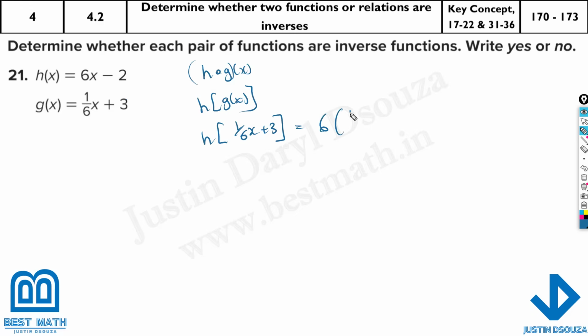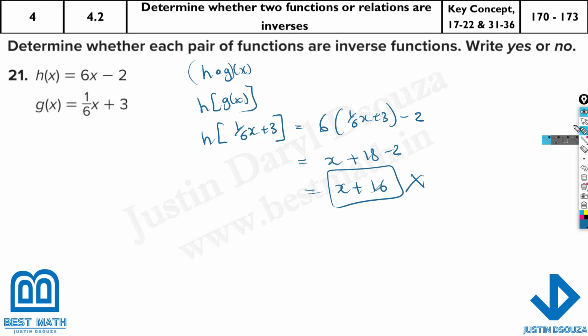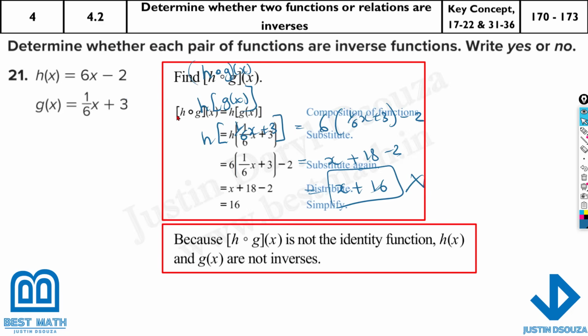It's going to be 6 times 1/6 x plus 3, and then we have minus 2. So here it'll be x plus 6 times 3 is 18, minus 2, and here you can see it is x plus 16. So no, this is not inverse of each other, because your plus 3 over here and minus 2 doesn't make sense, right? So no, they're not inverses.